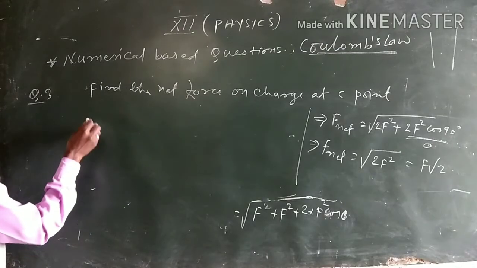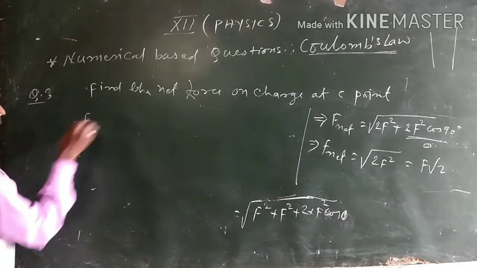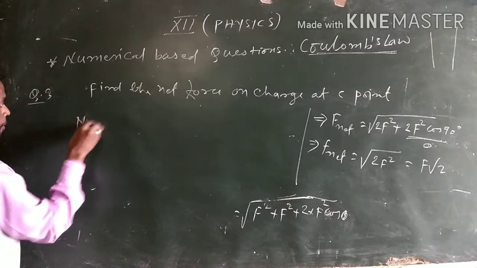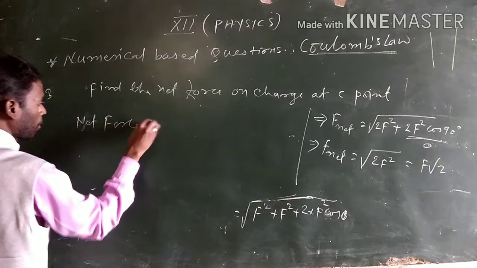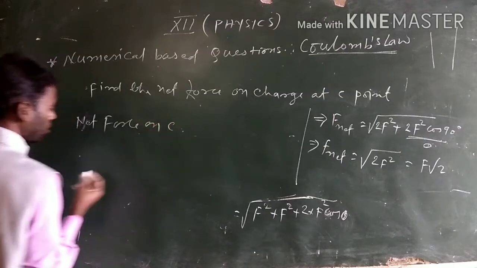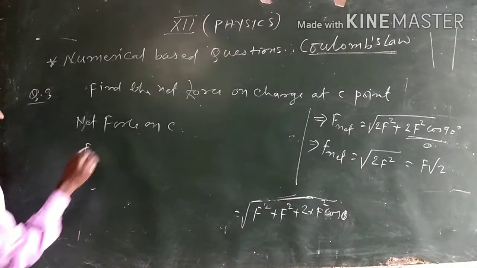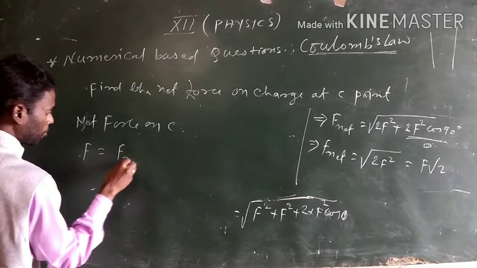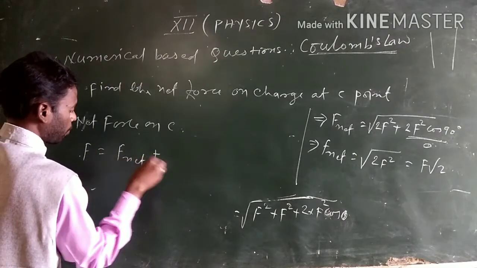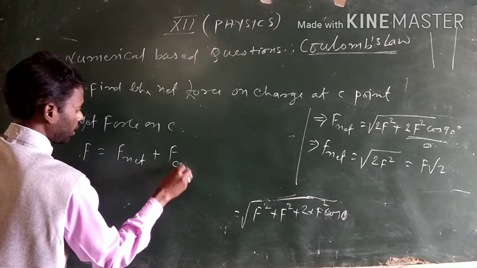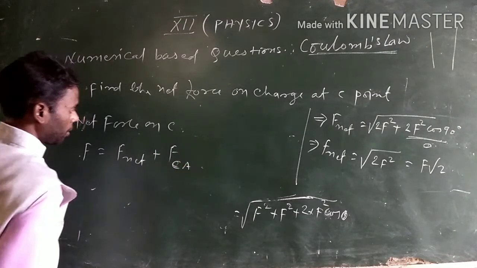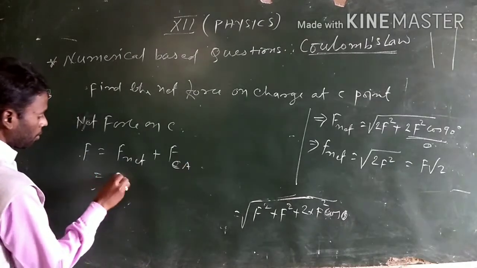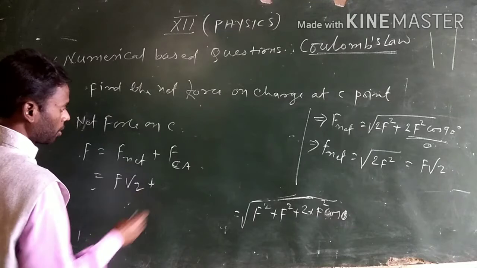We have to use now the net force on C. That means our F net force plus the force at C due to A. That means we use F root 2 plus FC.